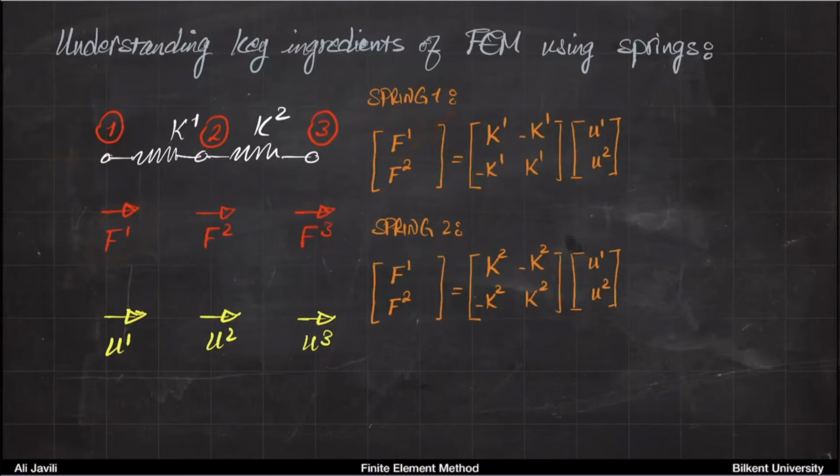But for the second one, you can imagine that F2 here, when you want to write F2, now you would have F2 coming from 2 springs. So similar to what we have done before, you would have F2 from spring 1 plus F2 from spring 2. Okay? So that's that.